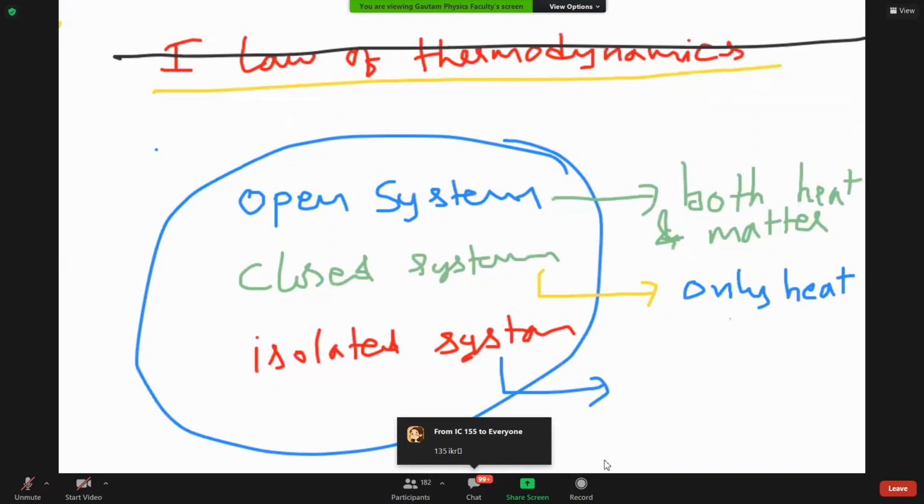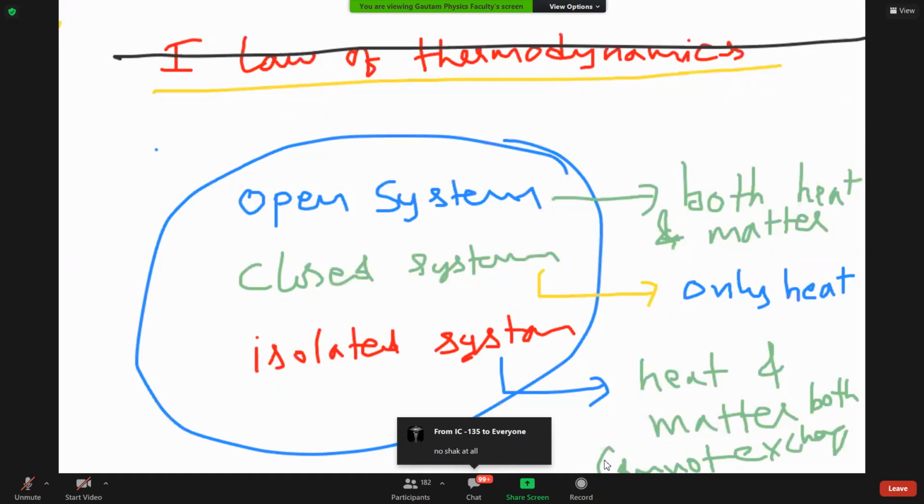Isolated, what do you mean by isolated? Heat and matter both cannot exchange with the surroundings. Very simple.